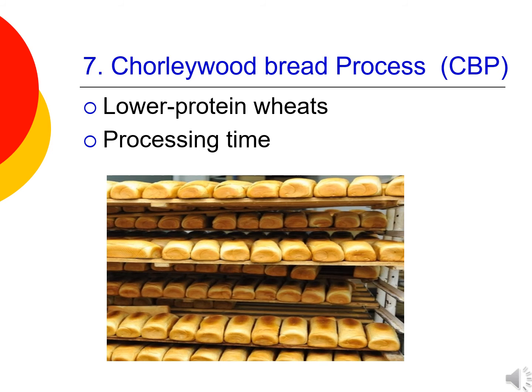The system is able to produce a loaf of bread from flour to sliced and packed form in about 3.5 hours. This is achieved through the addition of vitamin C, fat, yeast, and intense mechanical working by high speed mixers, not feasible in a small scale kitchen.